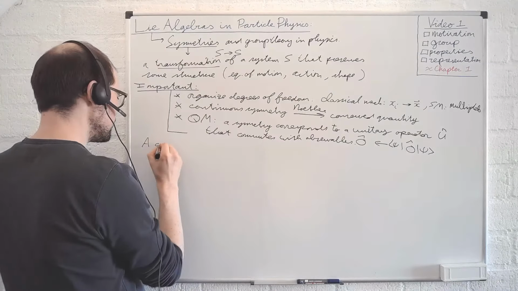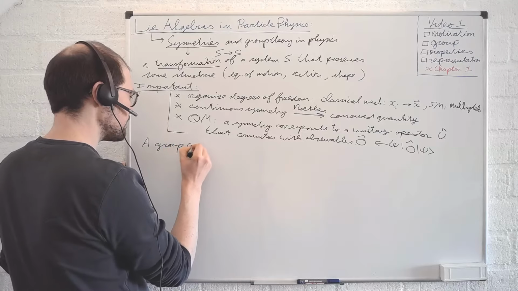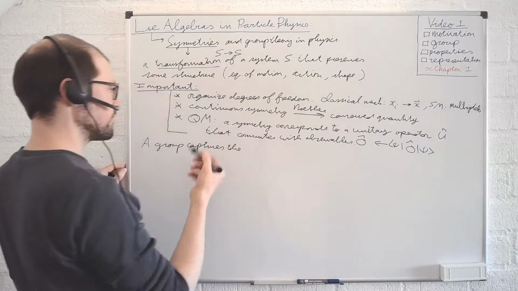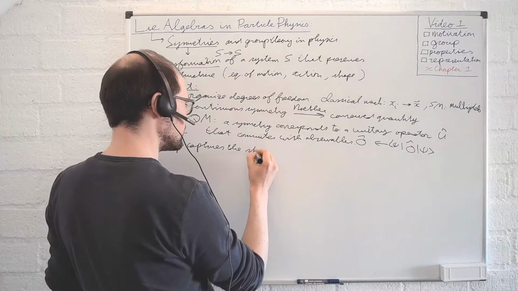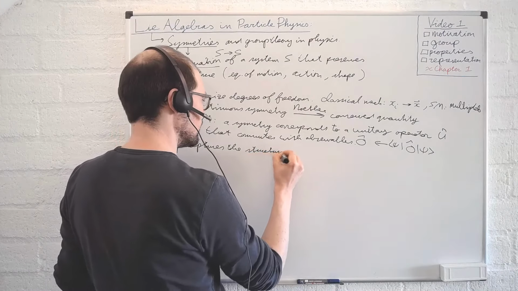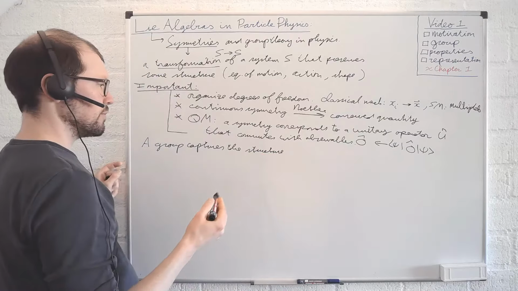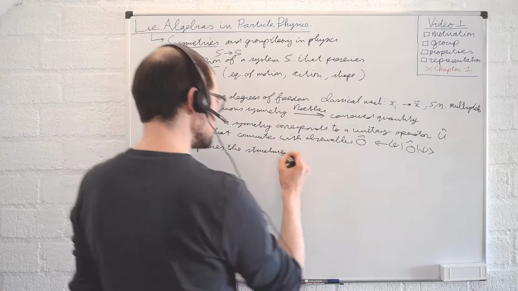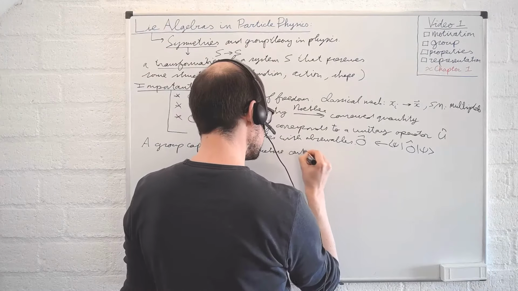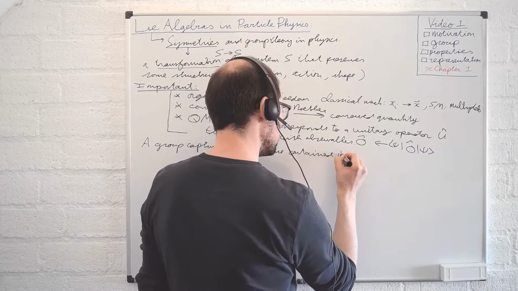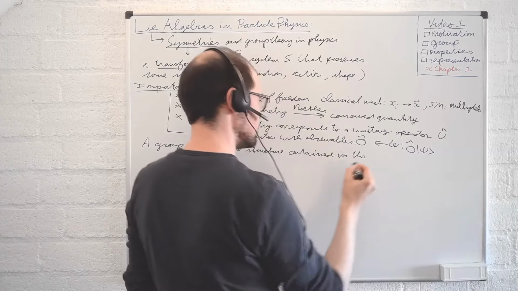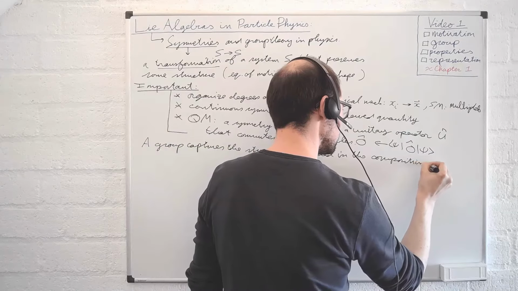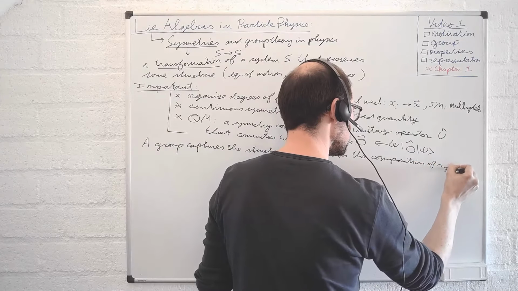So a group captures the structure that is contained in how symmetries compose. The structure contained in the composition of symmetries.